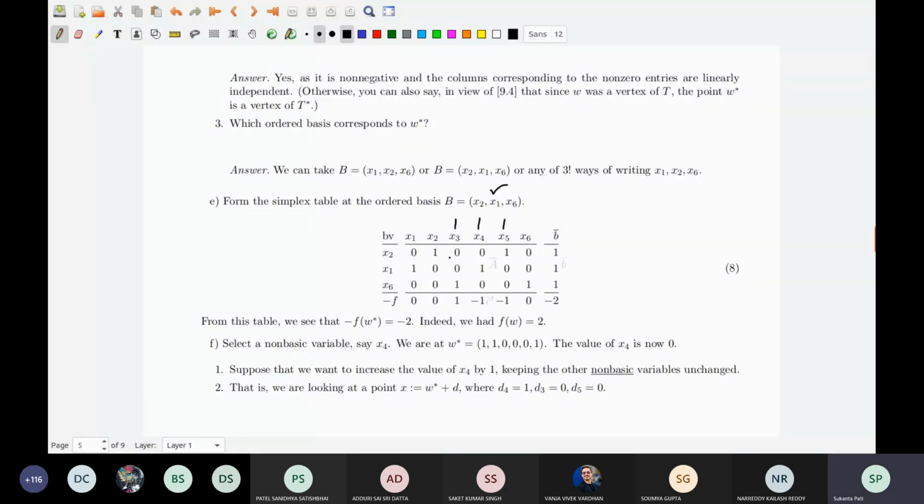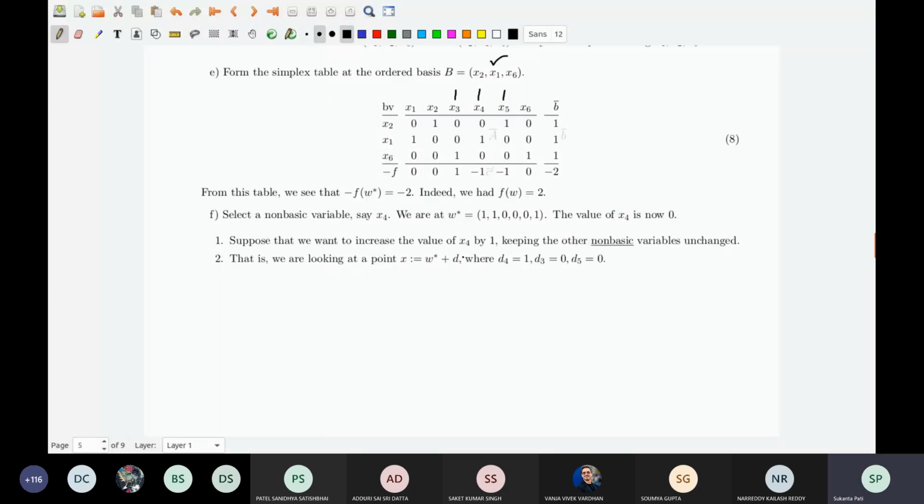Select any non-basic variable, your choice. Suppose you select x4. This is what I have explained over here, and later I will explain for the other one also. Suppose I select x4. Now I am standing at the point W star.